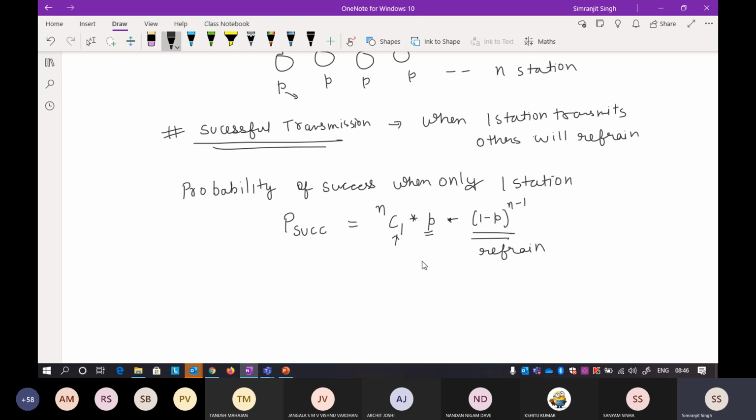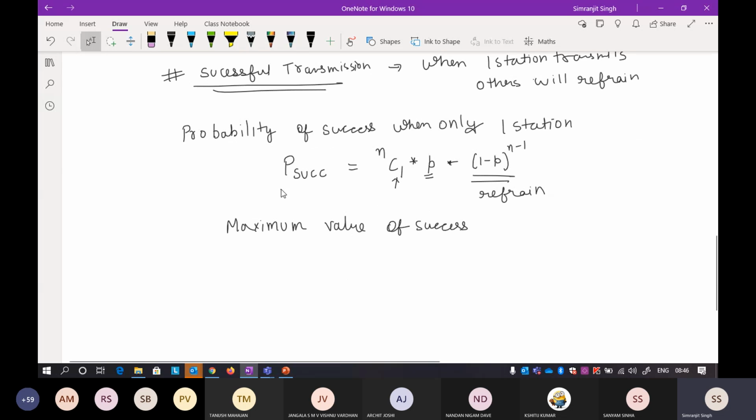In order to maximize the value of success probability, you have to differentiate P success and set it equal to 0.